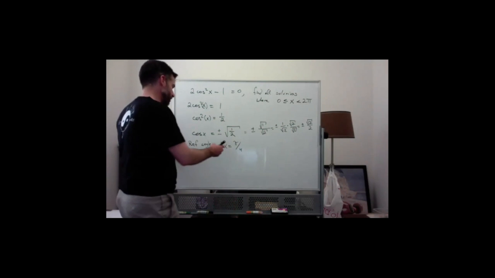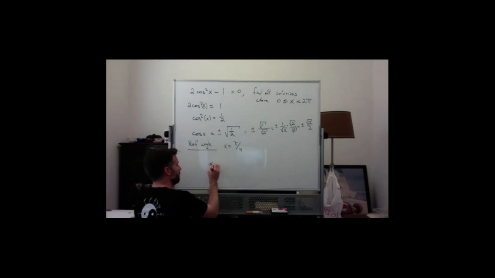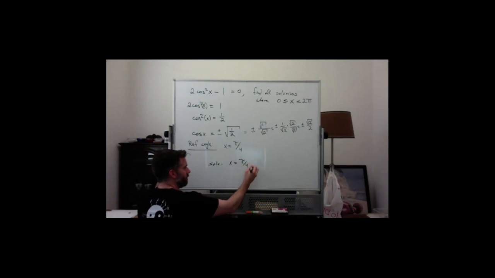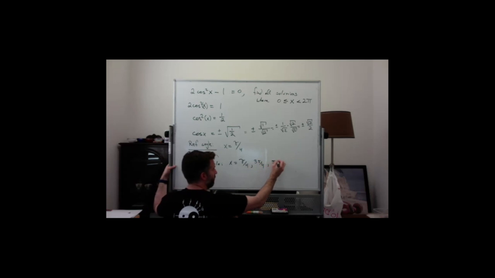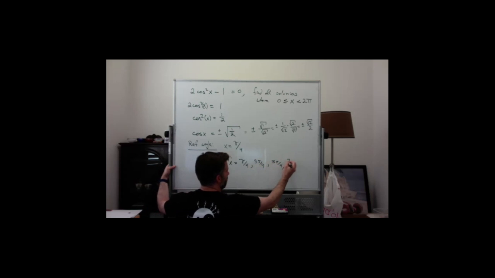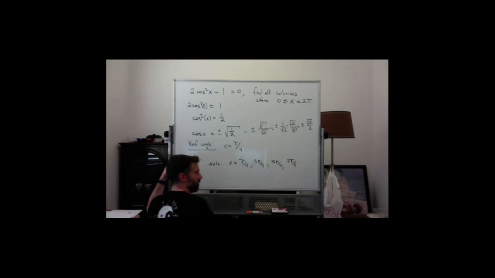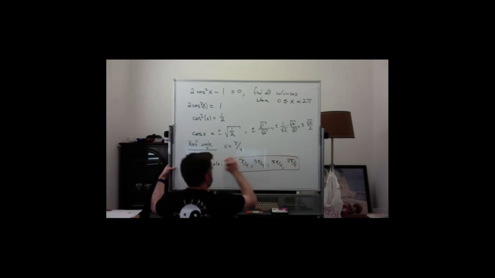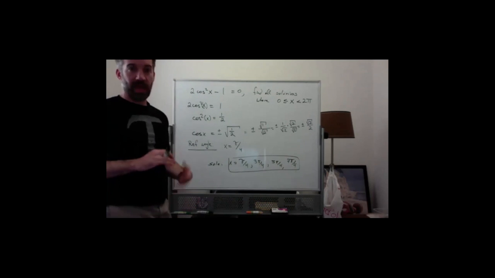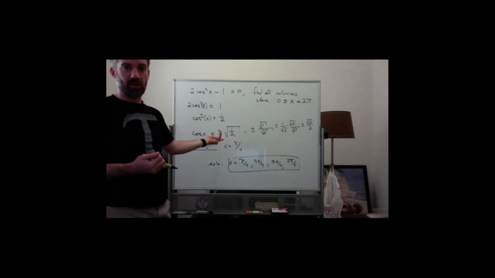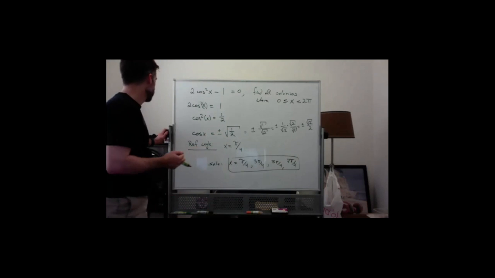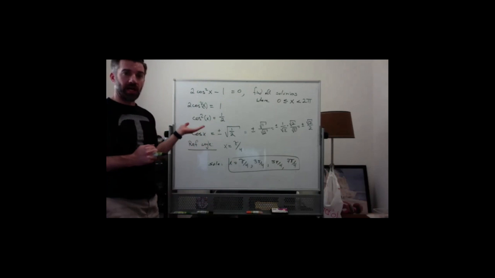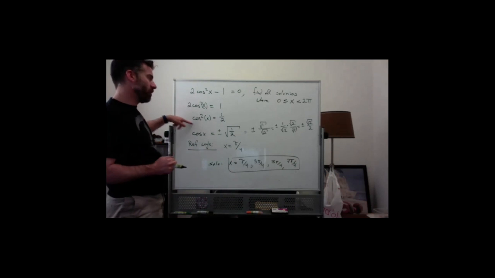So my answers are going to be x equal to pi over 4 in the first quadrant, 3 pi over 4 in the second, 5 pi over 4 in the third, and 7 pi over 4 in the fourth. Usually it just ends up being every special angle that has the angle you need as the reference angle. That will happen a lot when you have something squared equal to just a number.